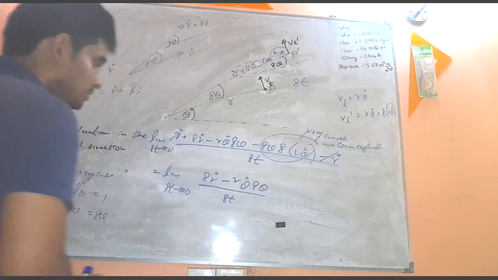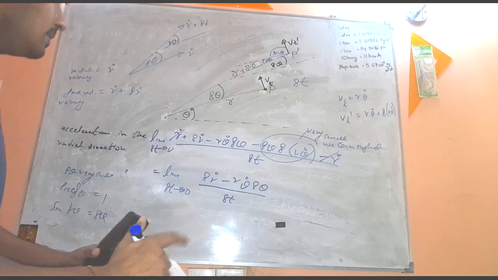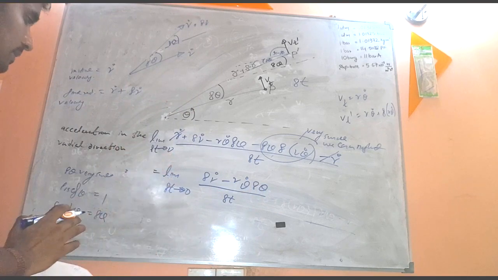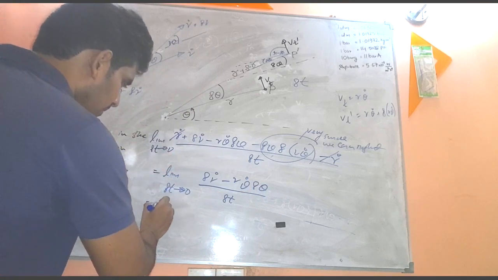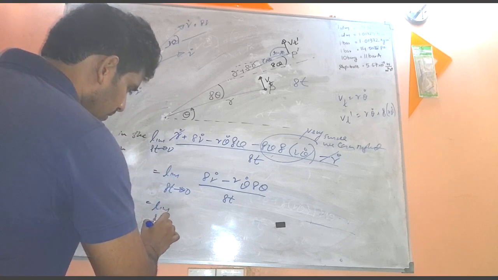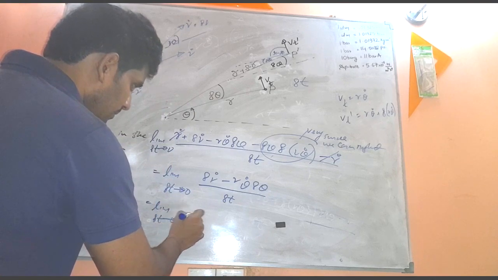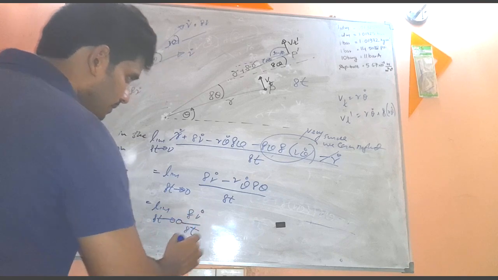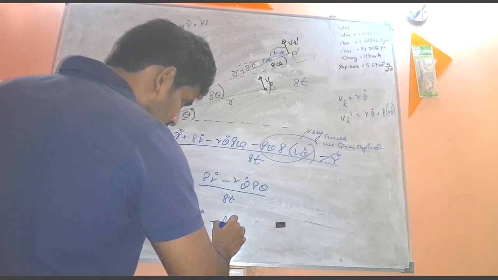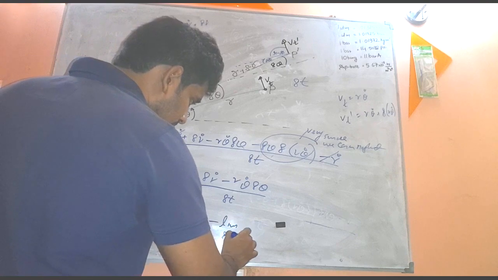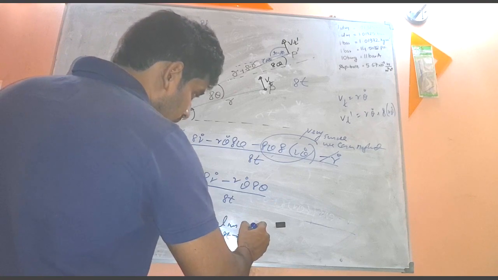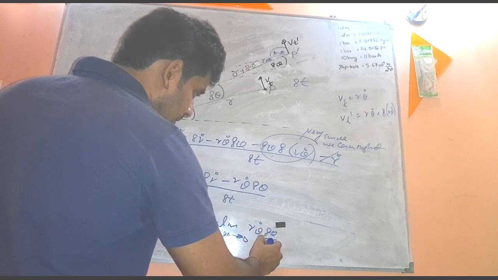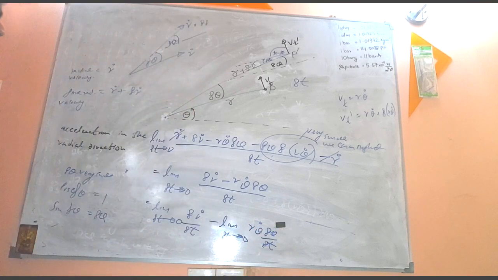Now this limit we can apply separately: limit delta t tends to 0 of delta r dot divided by delta t, minus limit delta t tends to 0 of r theta dot delta theta by delta t.